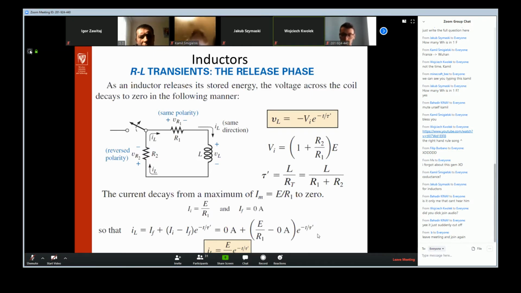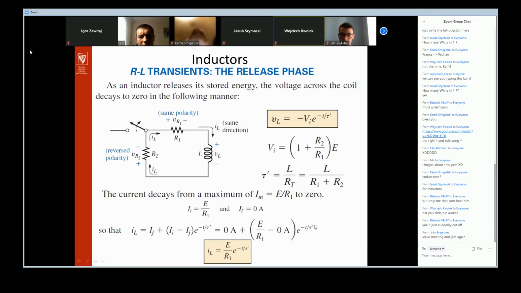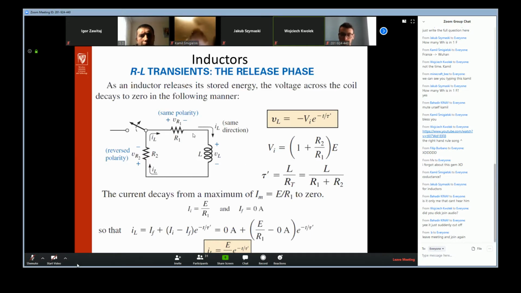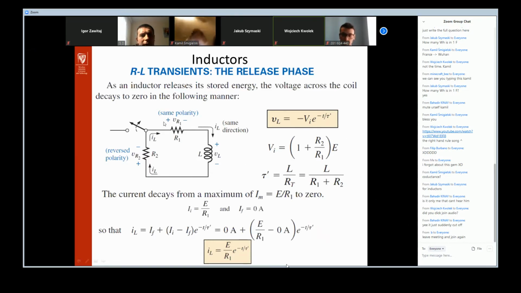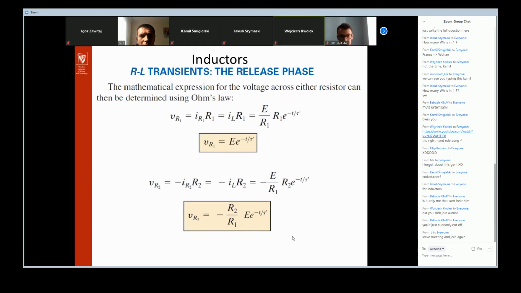Tau prime is very important here, because for the release phase in this situation we have two resistances connected in series, so you have to remember to sum up these two resistances, creating the total resistance, and put it into the equation for the tau expression.